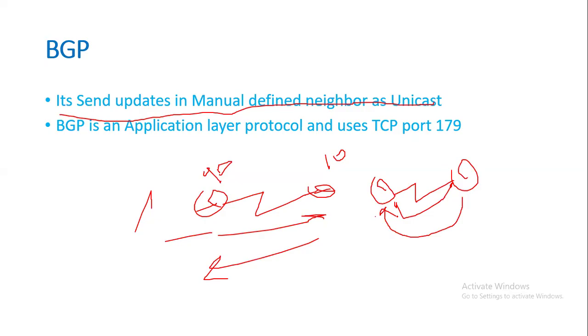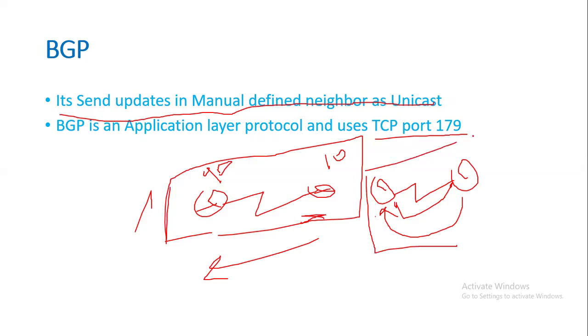It is manual configuration. We need to configure the neighbor manually, and it is an application layer protocol using TCP port number 179 while exchanging the routes. So the main thing is that if you are using any interior gateway protocol like RIP, OSPF, EIGRP, you don't need to do anything. They will exchange routes, and once you enter the network information, they will maintain the neighborship easily. But in BGP, if you want to create a neighborship, it should be manual.